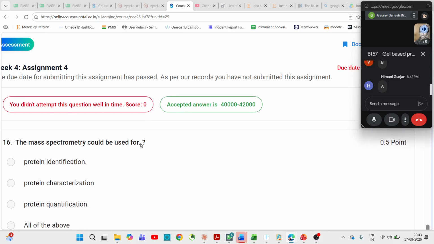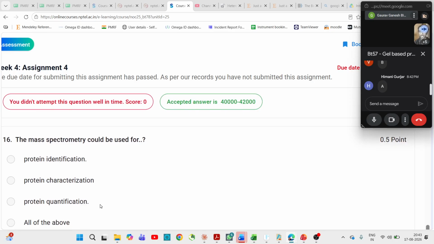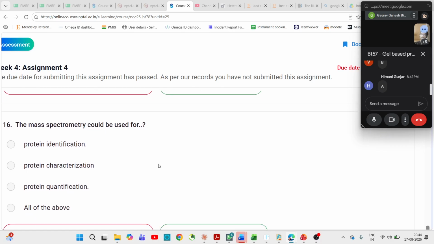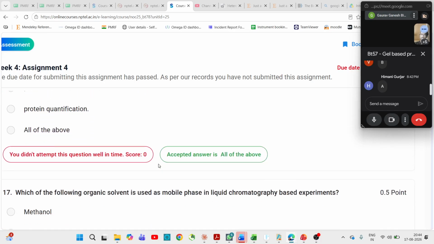The mass spectrometry can be used for what? Protein identification, characterization, quantification, or all of the above. You can do all of it.